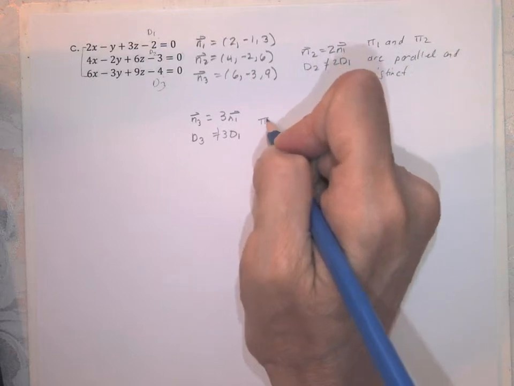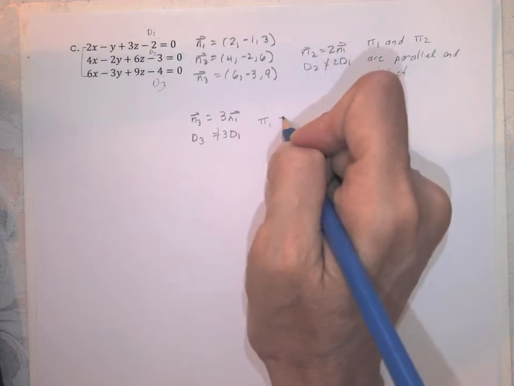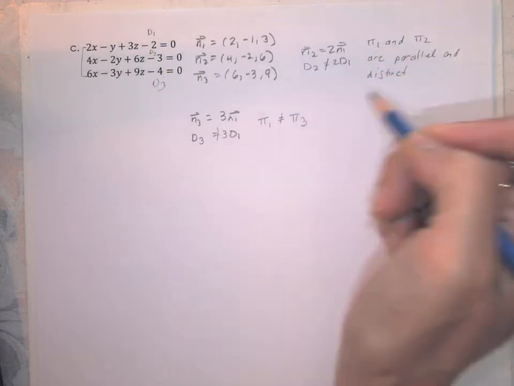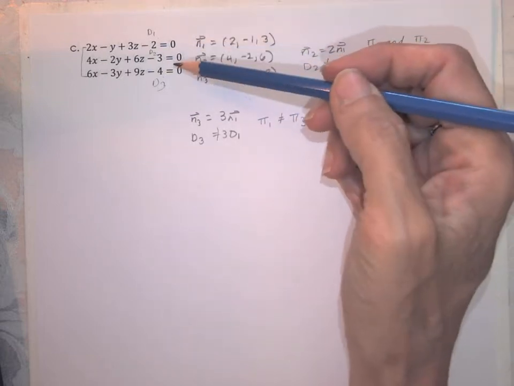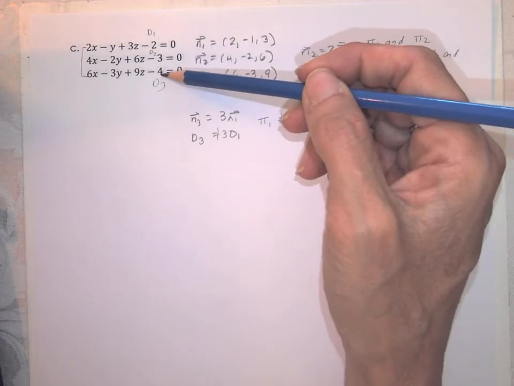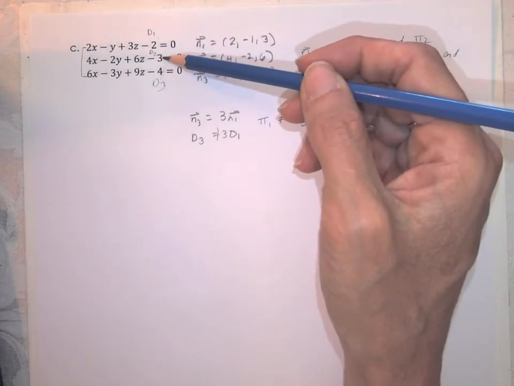So pi 1 does not equal pi 3 either. And we could also look at pi 2 and pi 3, and again, they are not going to be scalar multiples either.